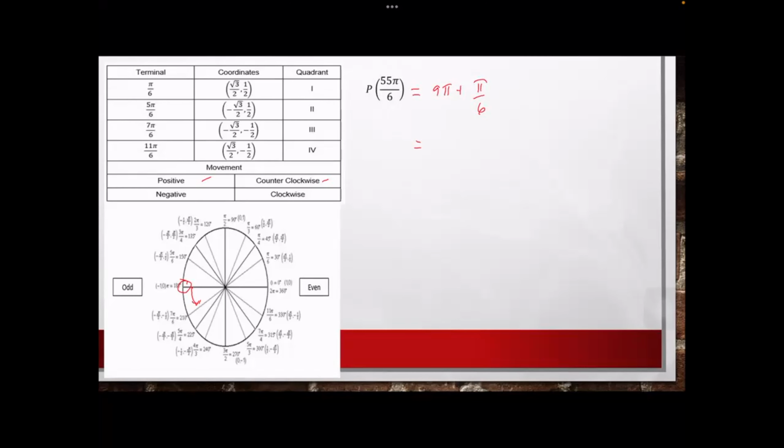Ito yung ating susundin na. The 30 degrees. Tapos, 150 degrees. Tapos, isang 7 pi over 6. That's 210. Tapos, ito. 330. So, saan siya mapupunta? Sa 210. Yung 210 ay 7 pi over 6. So, therefore, your answer will be negative the square root of 3 over 2 and negative 1/2. Okay na.